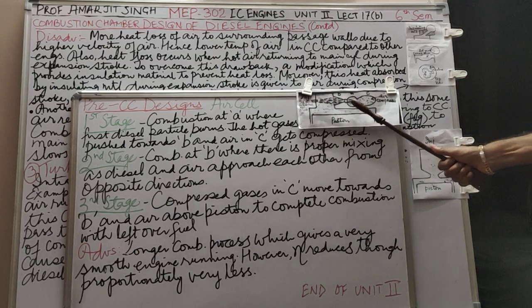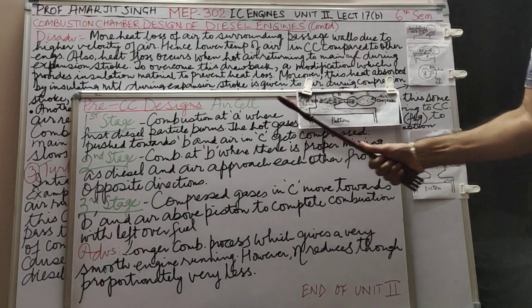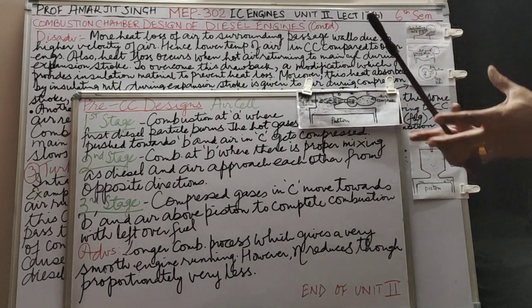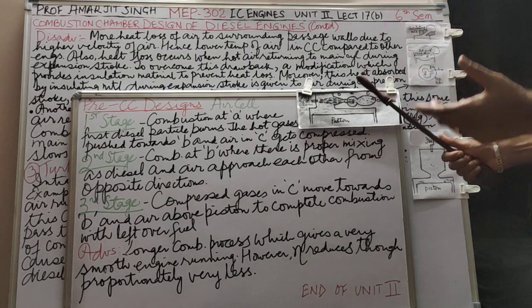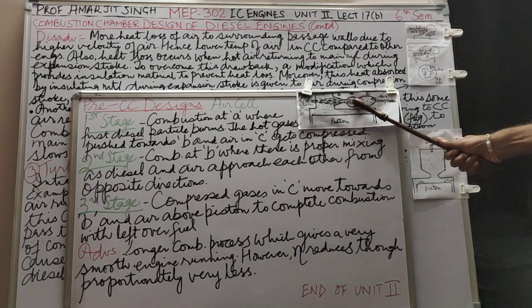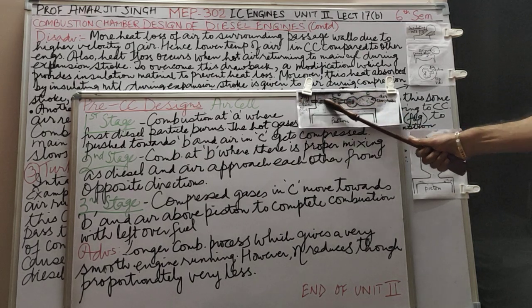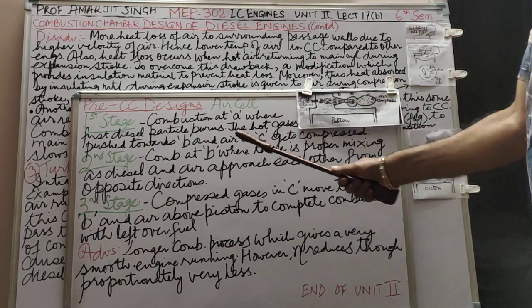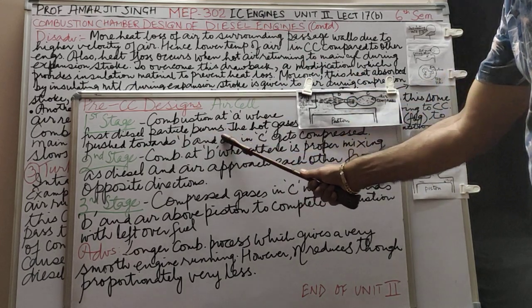Since the diesel has been sprayed till A, naturally the combustion will also take place at A. When combustion takes place, there is an explosion, pressure rise, and temperature rise. So there will be pressure on this side and on this side. This side compresses the air, and this side moves towards B, where the first diesel particles burn.